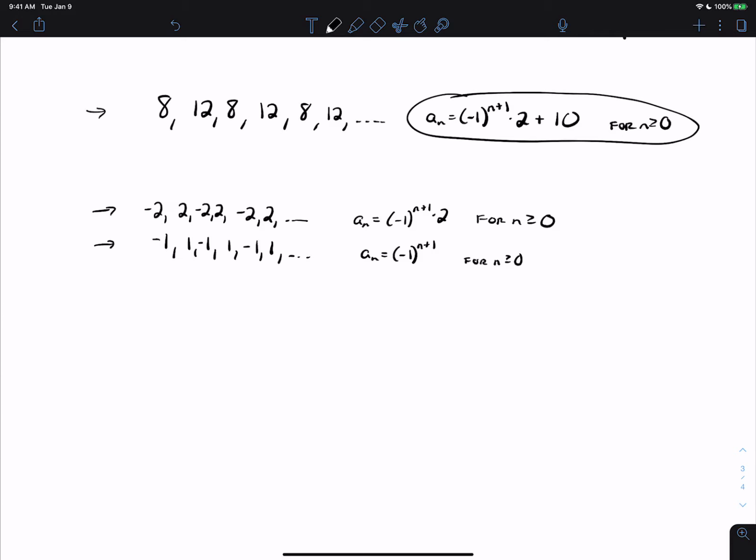If I add 10 to this first value, -2, I get 8. If I add 10 here, I get 12. Add 10 here, I get 8. Add 10 here, I get 12, and so on. And again, you can verify the sequence works, but the expression on the right that I've circled does work for the sequence 8, 12, 8, 12.